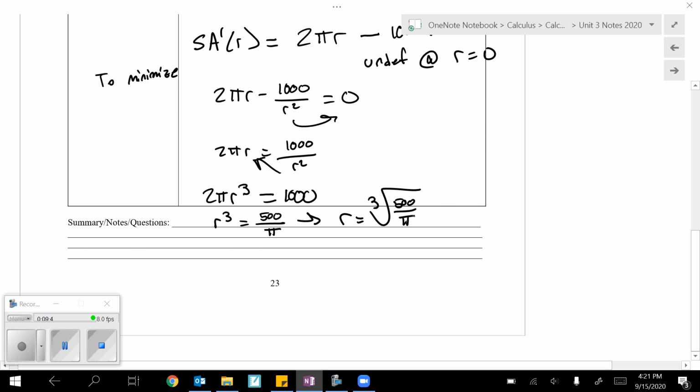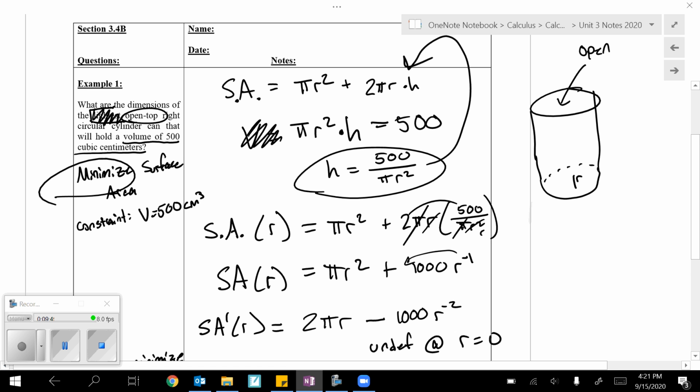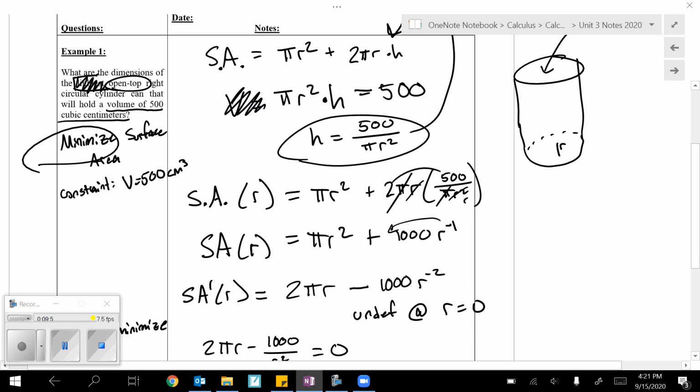Okay, so it's undefined when r equals 0. So you might say, okay, well, we got to check this one too. But here's the thing. If r equals 0, h equals 0, our surface area is 0, it kind of trivializes the problem. Yeah, you're right. No surface area would produce no volume. Oh, wait, that wasn't the task.